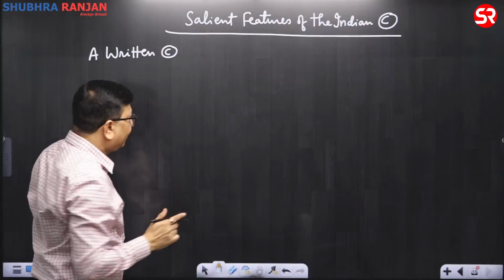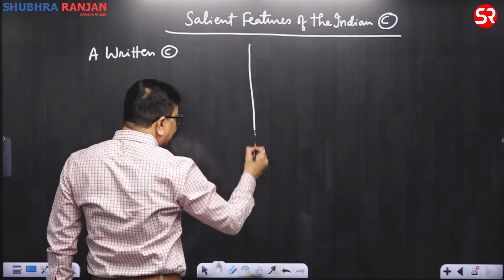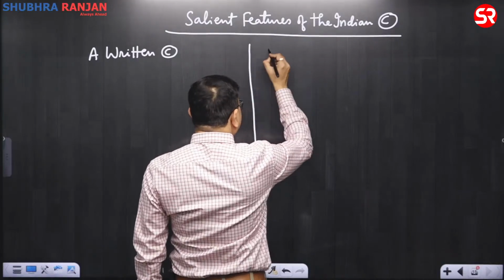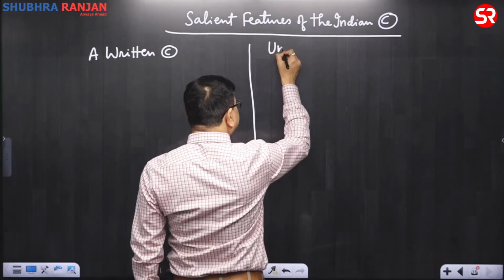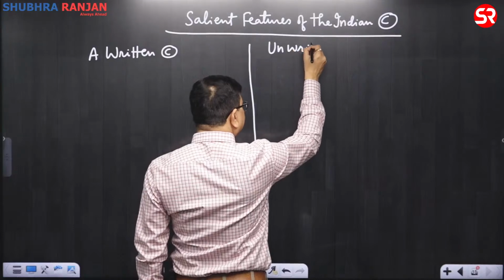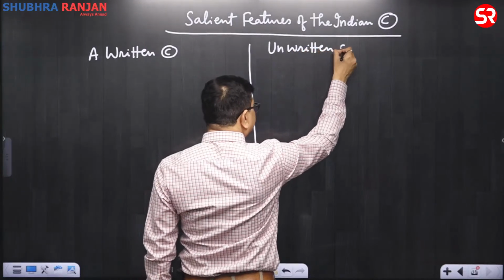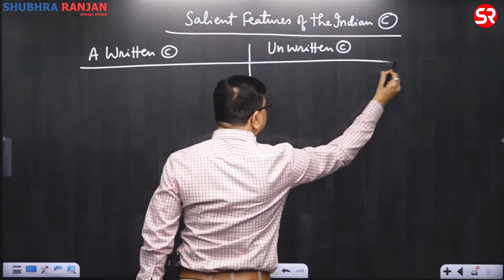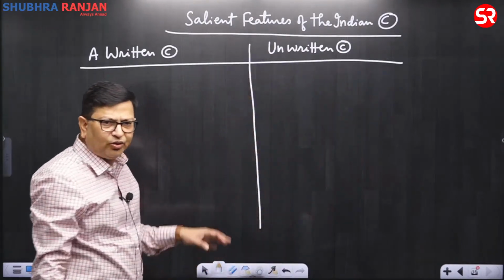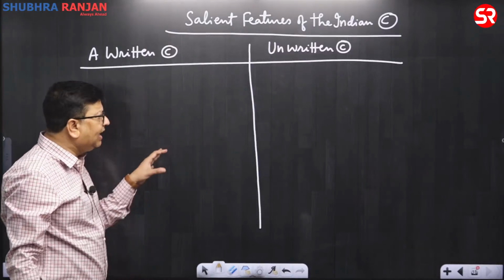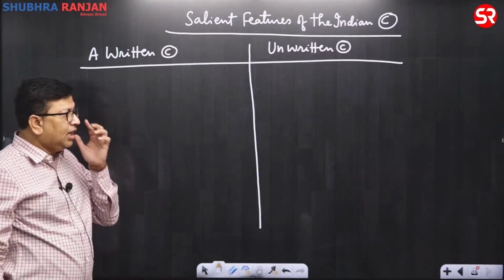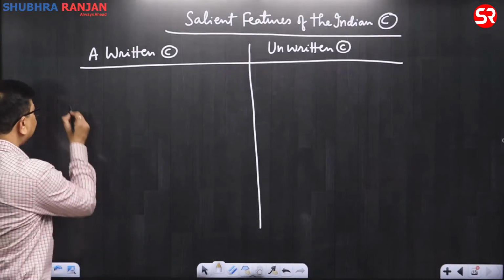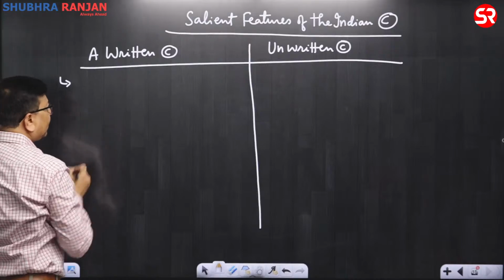Now herein, we will use a comparative approach. In some of the countries, there is unwritten constitution. So we need to develop an understanding of the difference. Now when we talk about a written constitution, here you can write it.